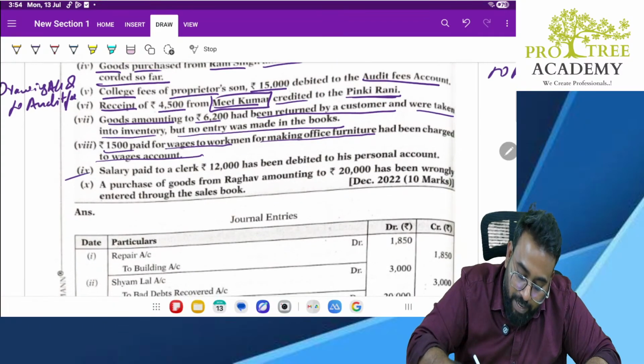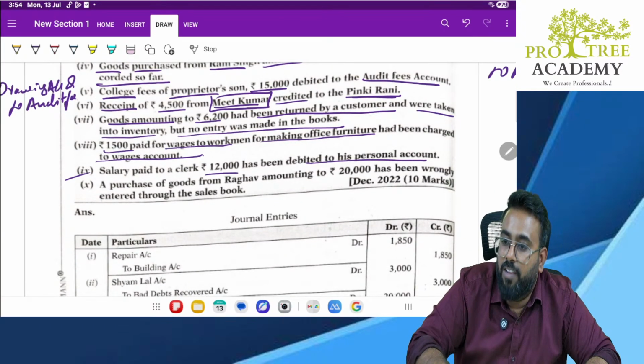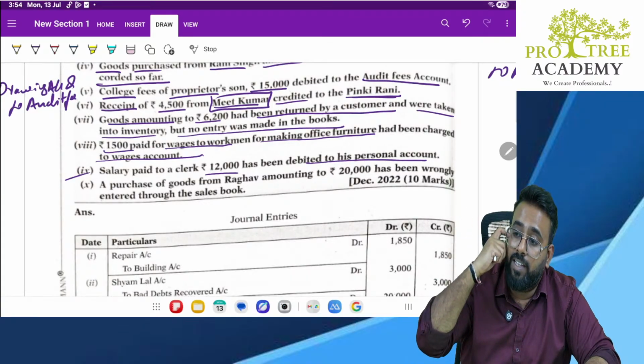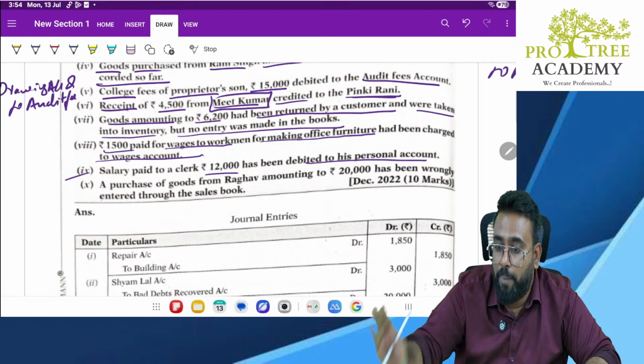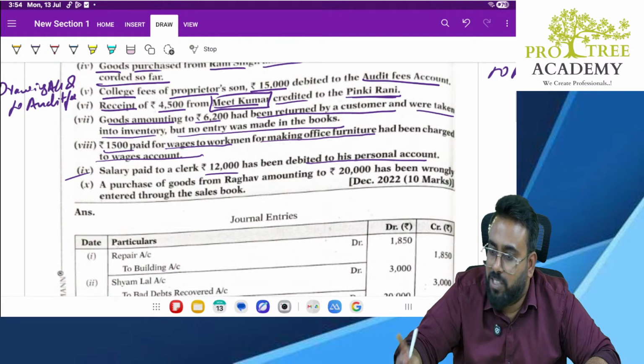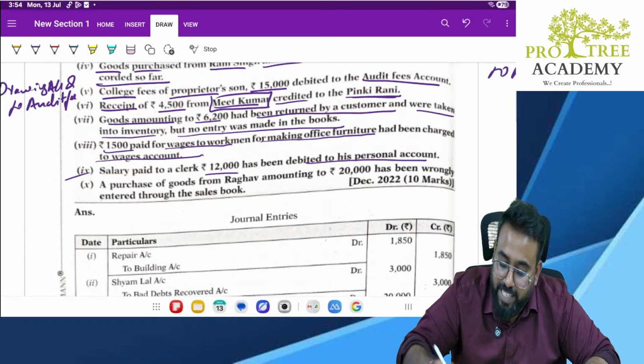Next, salary paid to clerk 12,000 has been debited to his personal account. When you pay the salary, what is the entry? Salary account debit to bank account. What have you done? You debited the person to whom you paid the salary. That means it is showing like receivable from him. What is the entry?